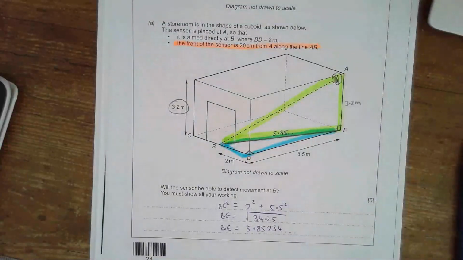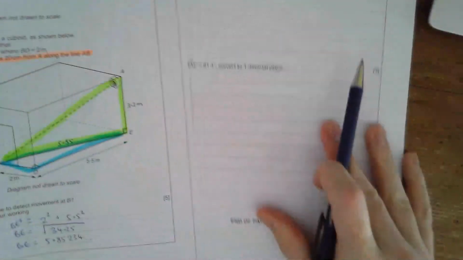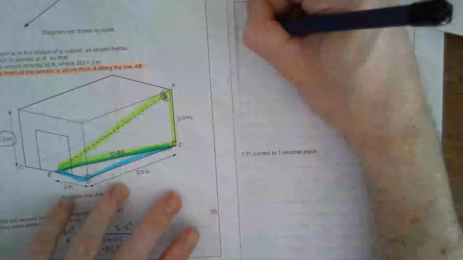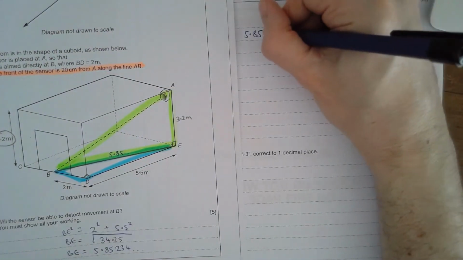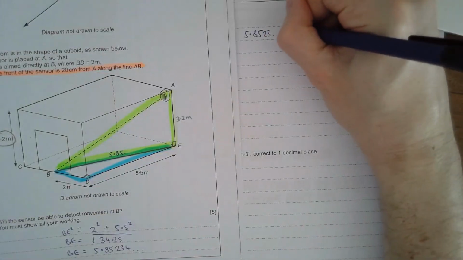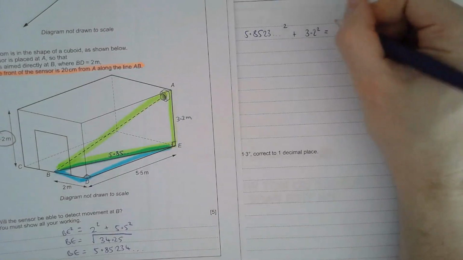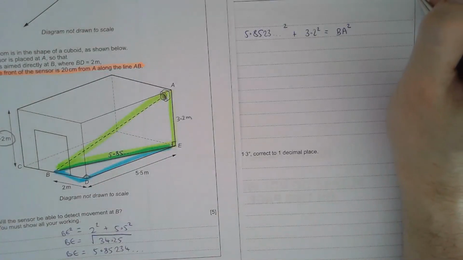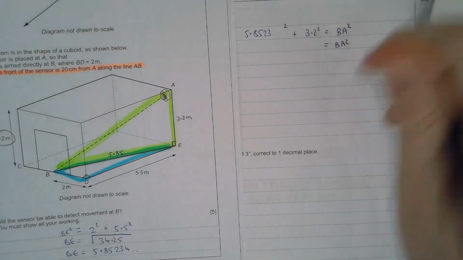Then, spotting that right angle triangle, I can try and work out what that length is. To do that, I want to do 5.85234, blah, blah, blah, squared, plus 3.2 squared would equal BA squared. Now, I'm just going to literally do exactly the same thing as before.